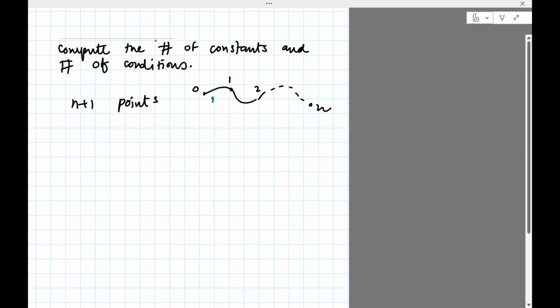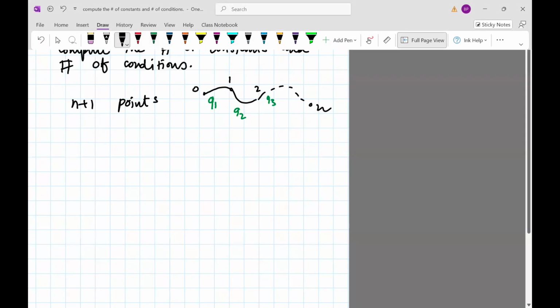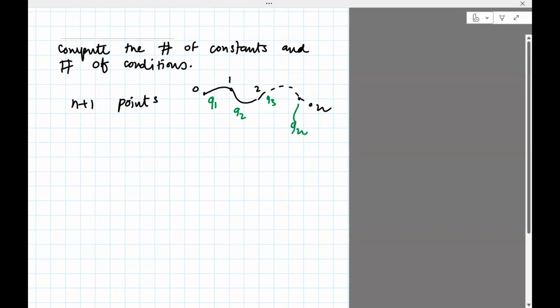We'll have equation 1 here, equation 2 here, q3, and so on. So the last point, we'll have qn, right? So you can just see the logic. It's q1 and 1, q2 and 2, so qn, n.